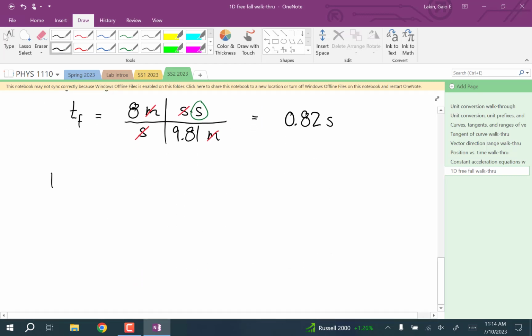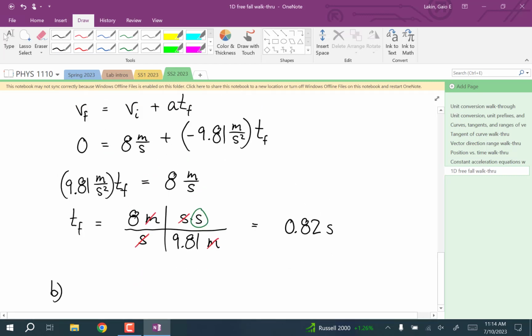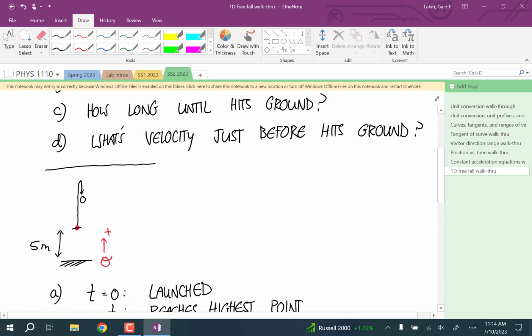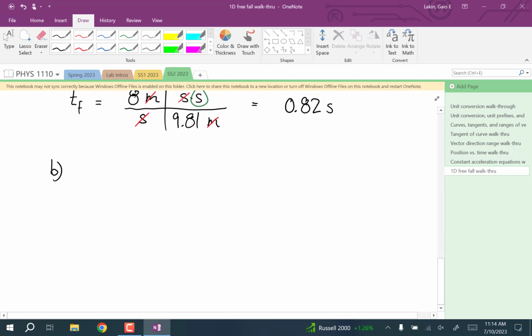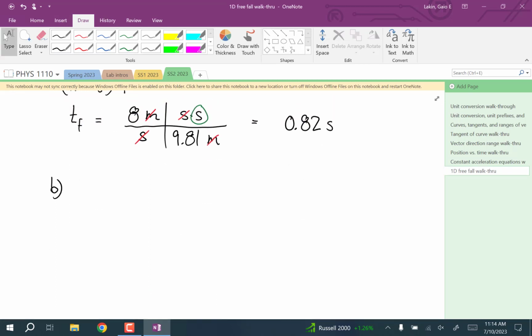For part B, now we want to figure out how high the object is at the highest point. So think, in the first step, is there any reason to change either our time equals 0 instant or our time final instant?